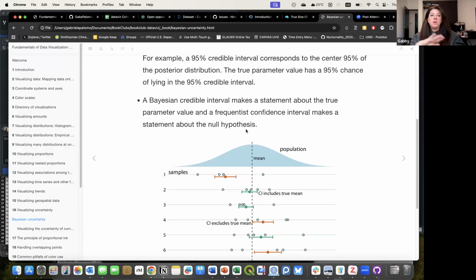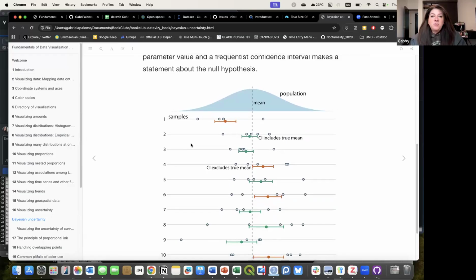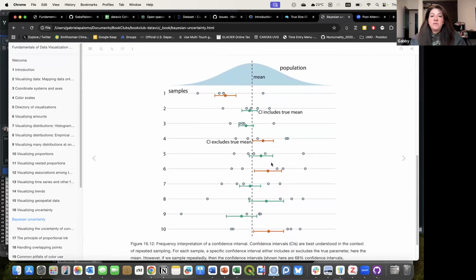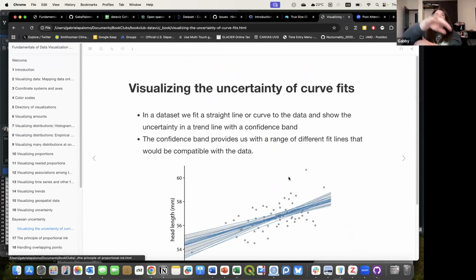Whereas Bayesian is all about distributions. So again, the way that we represent those credible intervals can be again with error bars, or the same way that I showed you before, essentially.